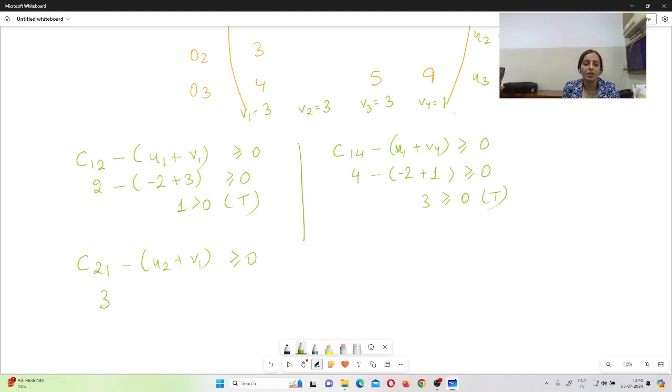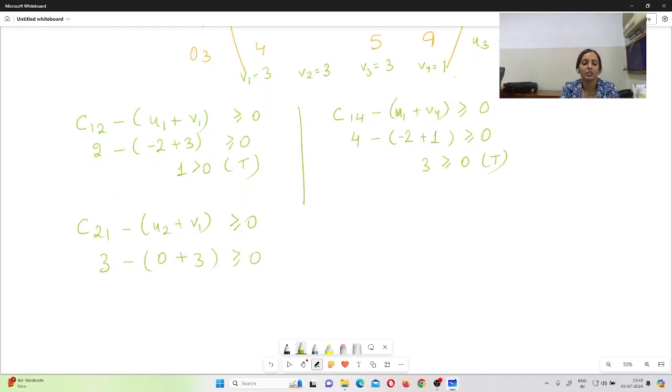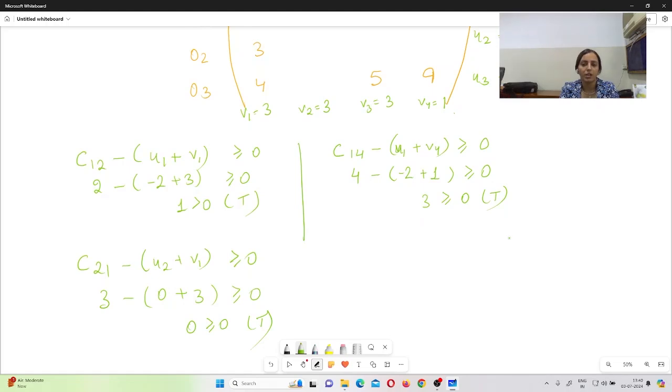C21 is 3 minus value of U2 is 0 plus V1 is 3. 0 plus 3 and 3 minus 3 will be 0. So that means greater than equal to 0. Yes, this condition is also true. So C21 is also done now, right? For the second row, we don't have another point.